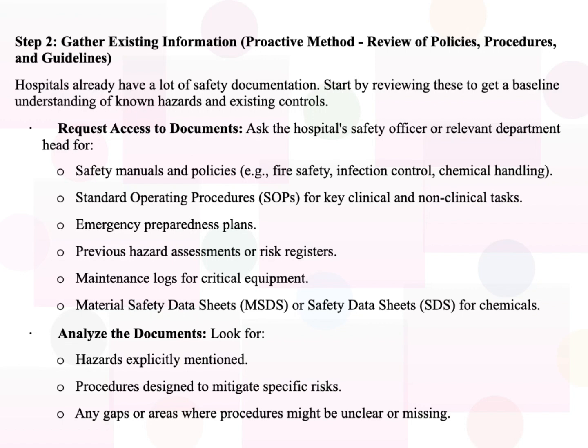Request access to documents. Ask the hospital's safety officers or relevant department heads for safety manuals and policies, that is, fire safety, infection control, chemical handling. Standard operating procedures, SOPs, for key clinical and non-clinical tasks.